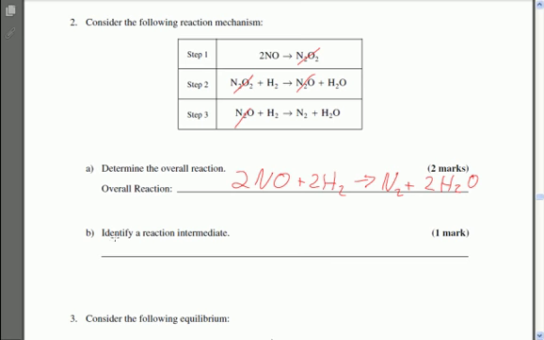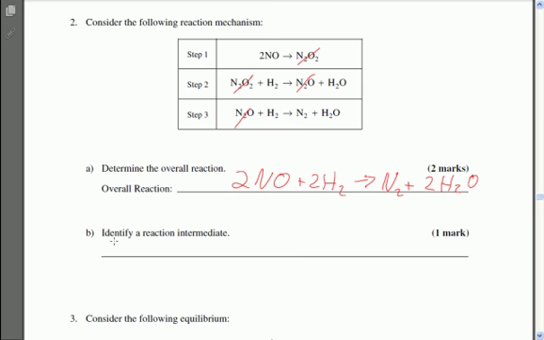Now the next question, it says identify a reaction intermediate. Well, what we have here is two reaction intermediates. N2O2 is made and then it is used. If it is started with and then it's a product, that's a catalyst. But this is made and then it's used.